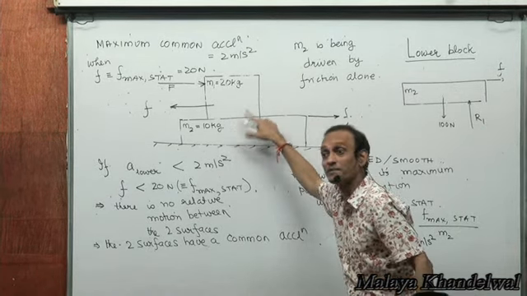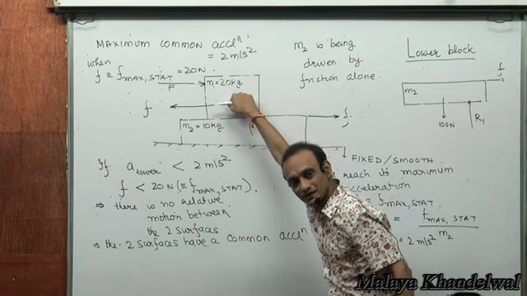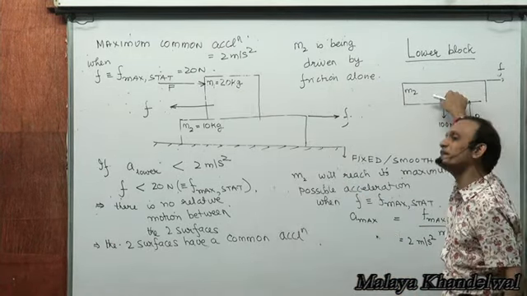If this has an acceleration of 1.5 meters per second squared, m1 also has 1.5 meters per second squared. If the acceleration is 1 meter per second squared, then frictional force would be of even lower value, still in the static regime, and again there will be no relative motion. The acceleration of m1 will also be 1 meter per second squared. Yes or no?